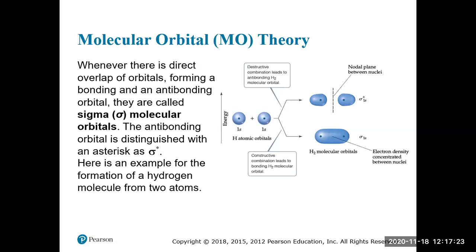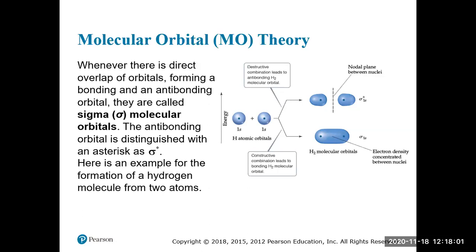In other words, it looks like a bond to us. If we go to the higher energy combination, that's our anti-bonding orbital, and it's a destructive combination. So in the area in the middle, we have no electron density. That's that nodal plane that I mentioned. When we draw that anti-bonding orbital, it's the sigma with a little asterisk or star over it.